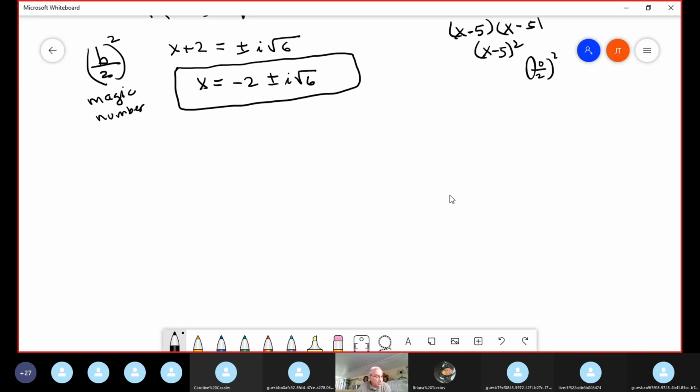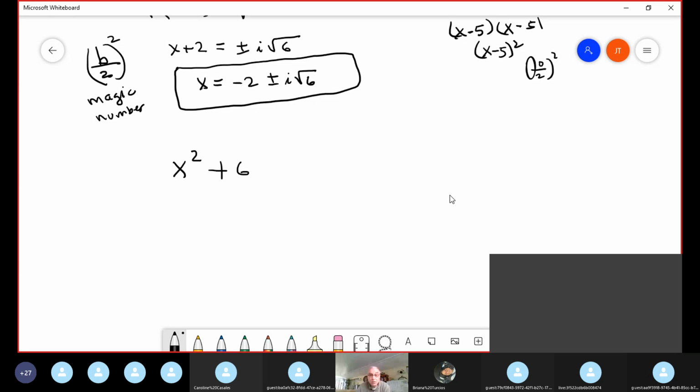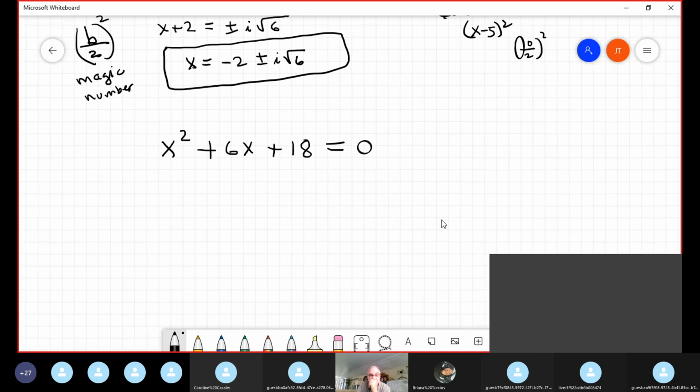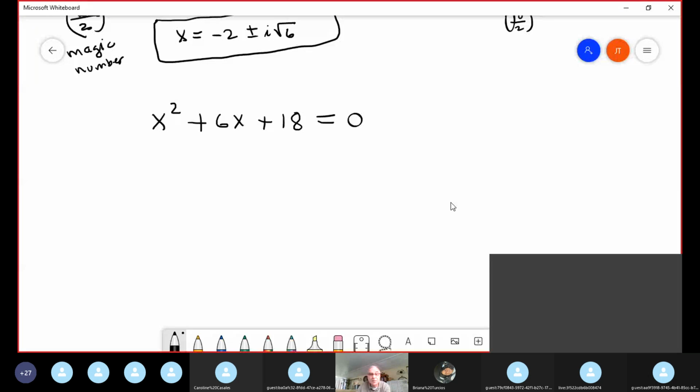Okay, I need questions about mathematics now. Do you understand completing the square very well or no? Yes. Okay, let's continue with completing the square. Suppose this quadratic equation. Well, the same manipulation.